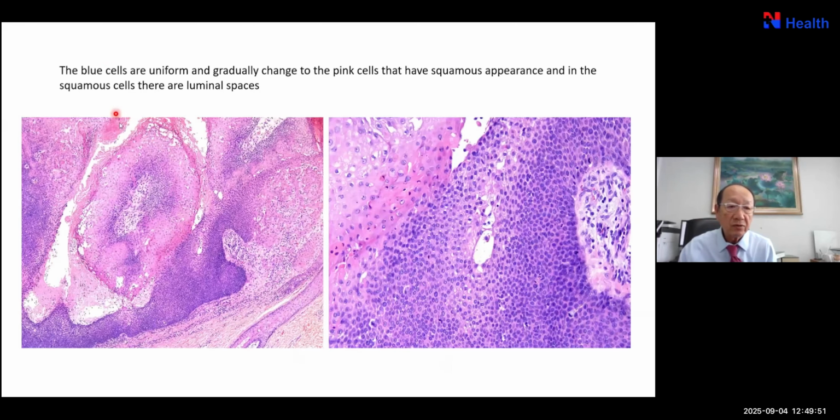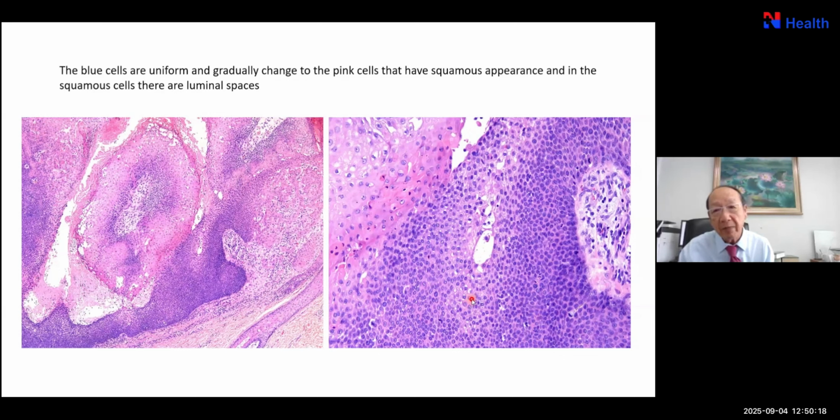The blue cells are uniform, called basaloid tumor cells. The basaloid cells come from the basal layer. The pink cells are mature cells from the blue cells. You can see the transition from blue to pink here.